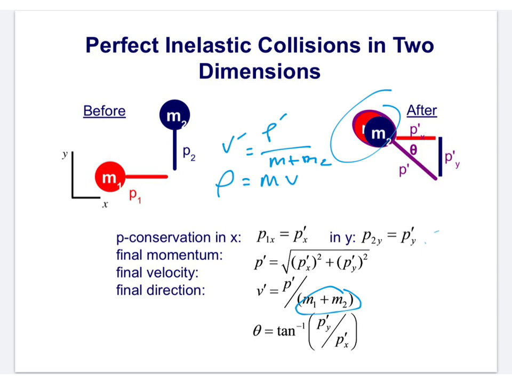Theta is going to equal final momentum in y divided by final momentum in x. Tangent inverse of y over x, that's always the case. Rise over run. Y over x.